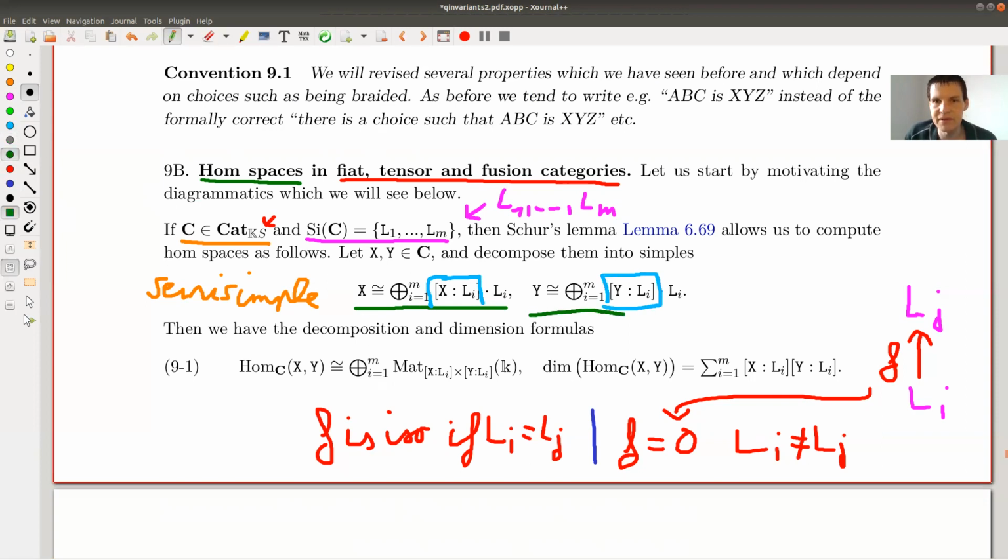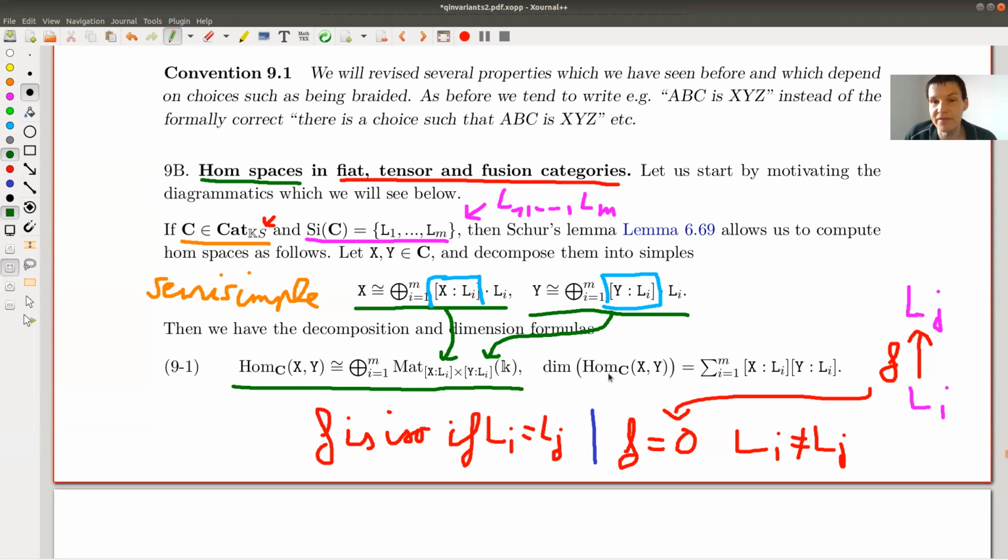You will see an example on the next slide, so don't worry. So X and Y come with a certain decomposition. Semi-simplicity and Schur's lemma tell you that the hom space between them is now just a matrix algebra, so those multiplicities give you the dimension of the matrix algebra.